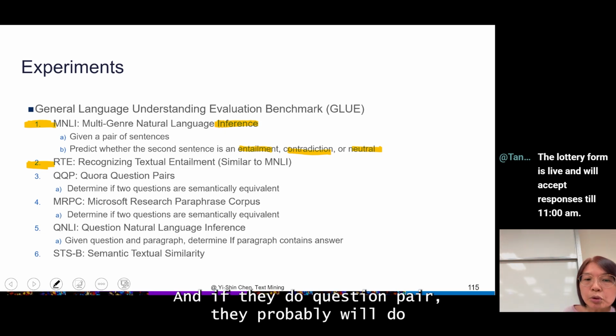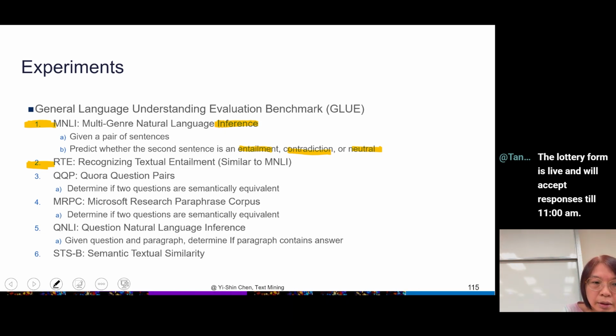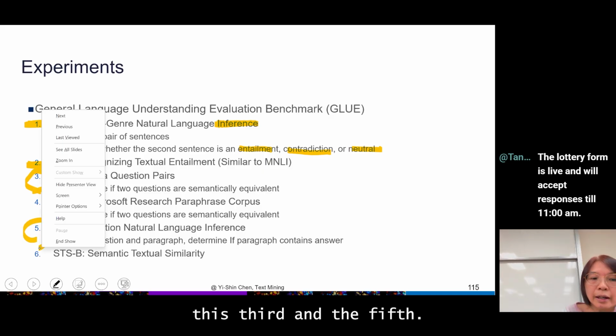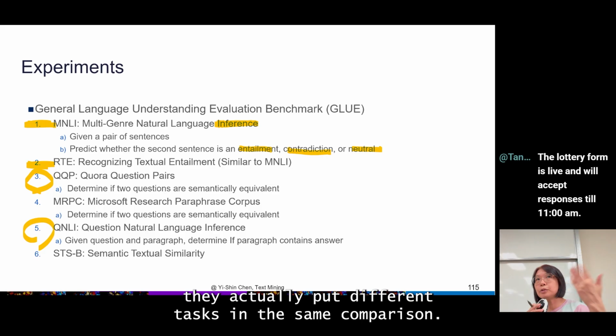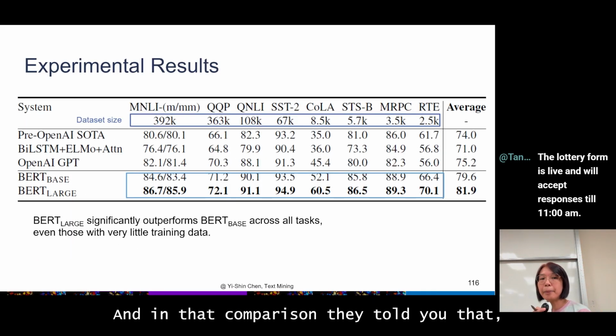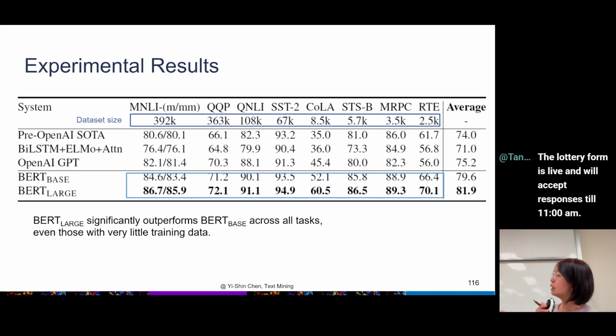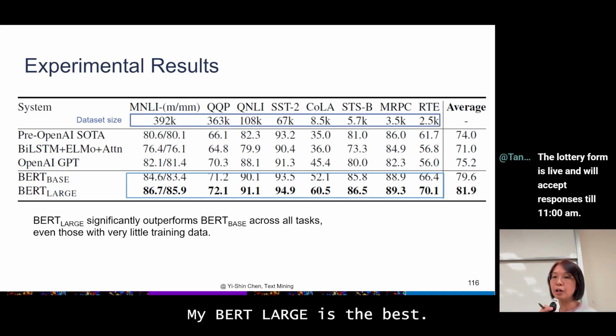And if they do question pair, they probably will do the third and the fifth. So you can imagine what BERT did is they actually put different tasks in the same comparison. And in that comparison, they told you, ta-da, my BERT large is the best.